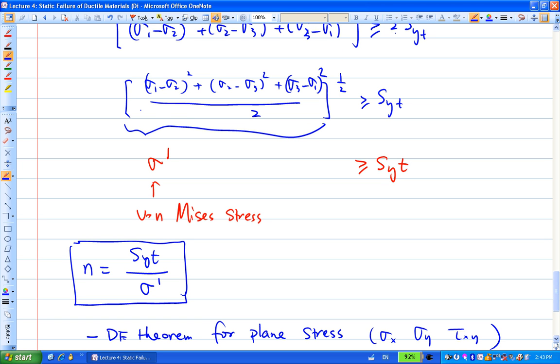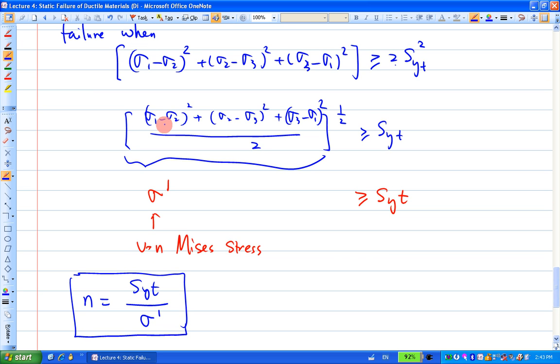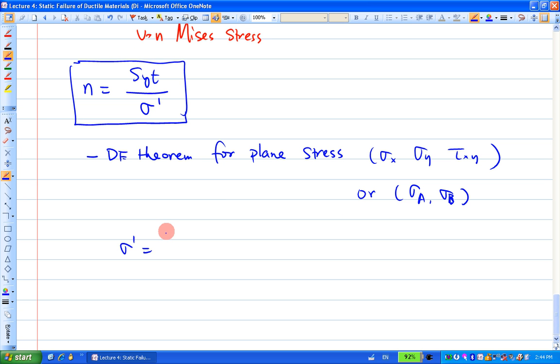And when you have plane stress, one of the principal stresses will be 0, and the other two will be sigma A and sigma B. So you can easily get a different version of the formula: the square root of sigma A squared minus sigma A sigma B plus sigma B squared. So that's a different version of DE or von Mises stress.